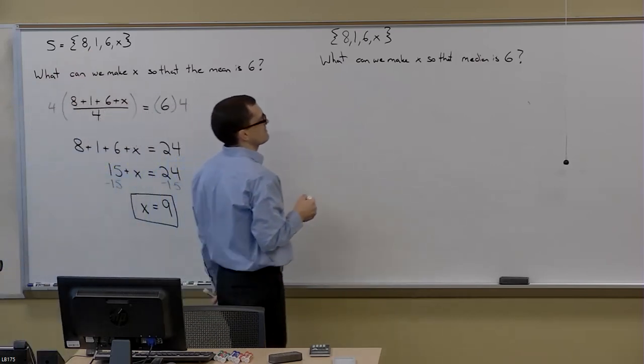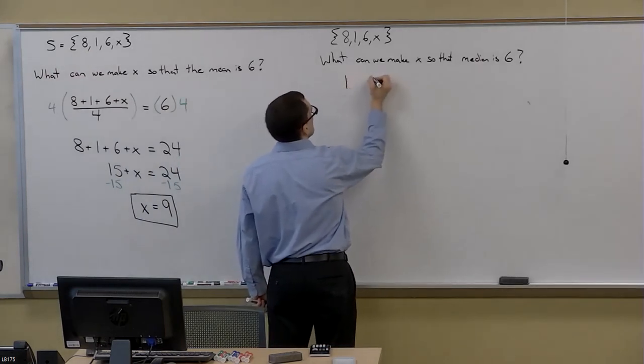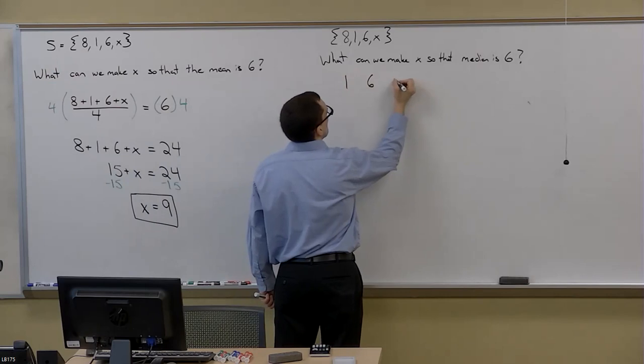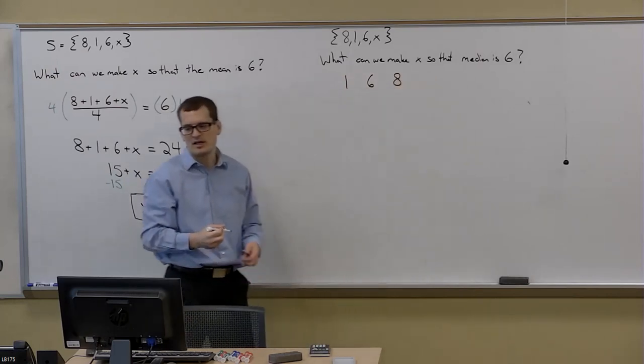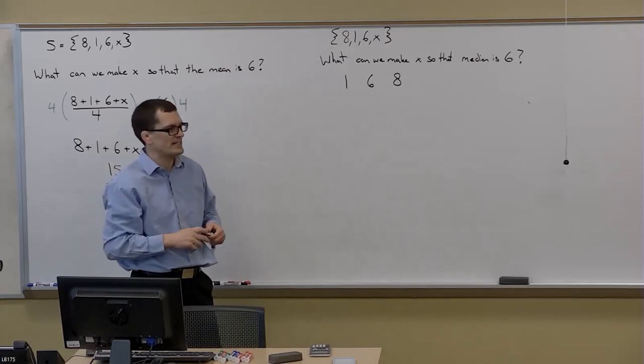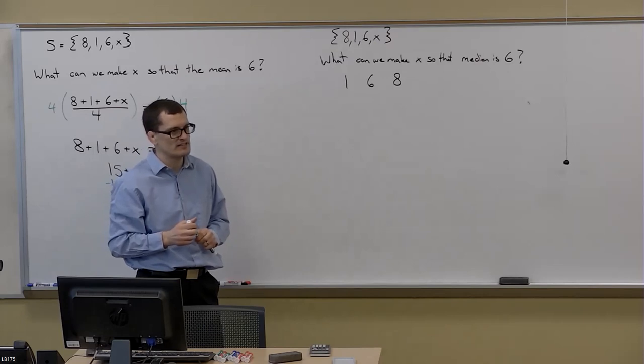What can we make x so that the median is 6? Well, I'm going to list out the numbers in order. If I want to make the median 6, I need to make the middle number 6.